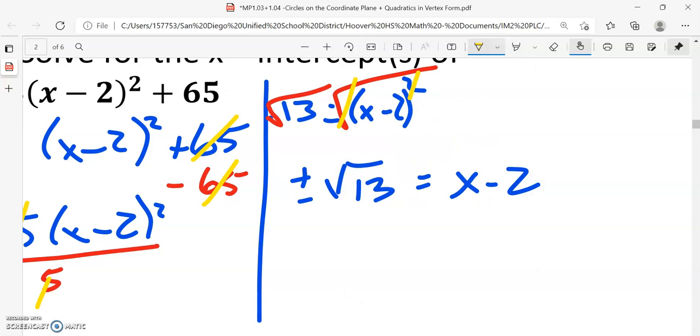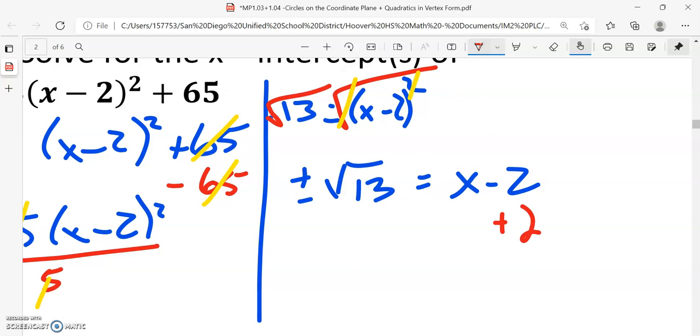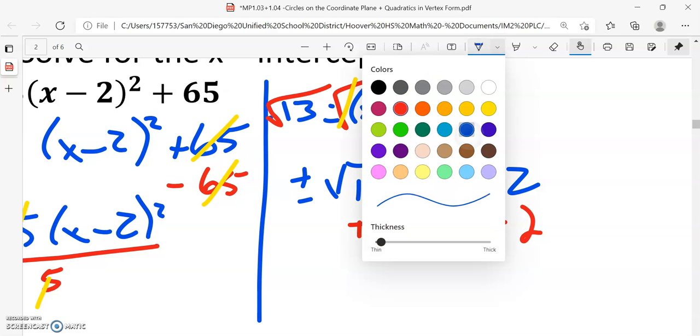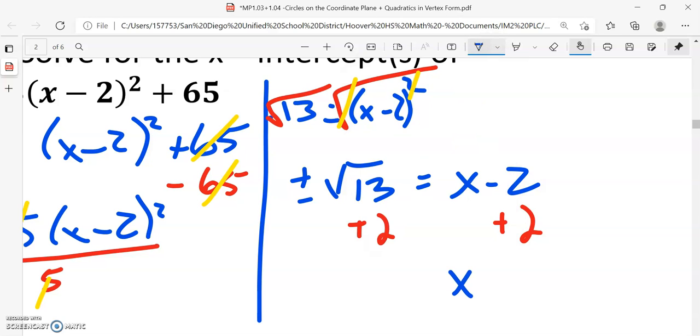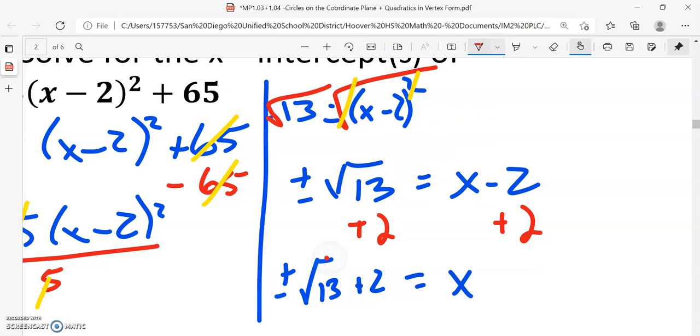So the last thing we're going to do is add 2 to both sides. So x equals plus minus square root of 13 plus 2. Do not extend the square root all the way over.